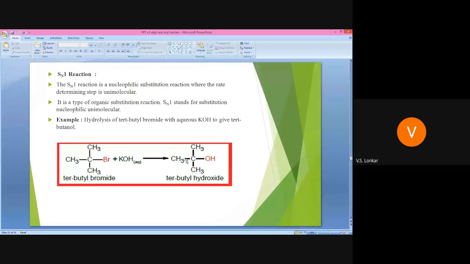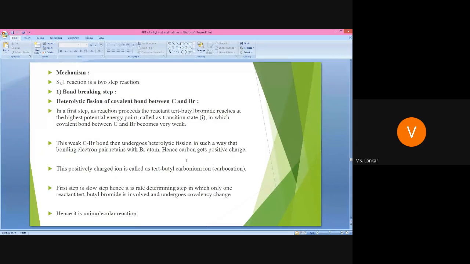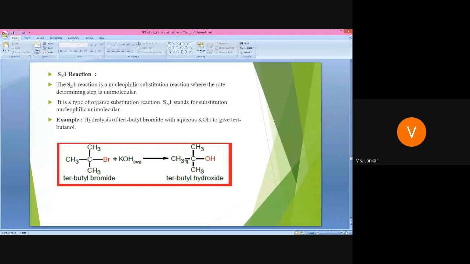See what the mechanism of this reaction is, the SN1 reaction, for the hydrolysis of tertiary butyl bromide. The SN1 reaction is a two-step reaction. Whenever we consider the mechanism, first see the stability of the reactant and of the product, and which is the electrophile and which is the nucleophile, then when the attack of the nucleophile takes place on the electrophile.